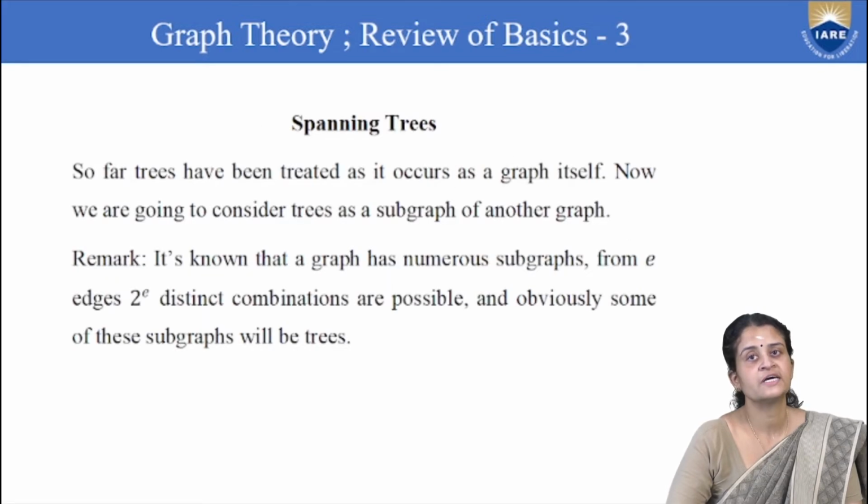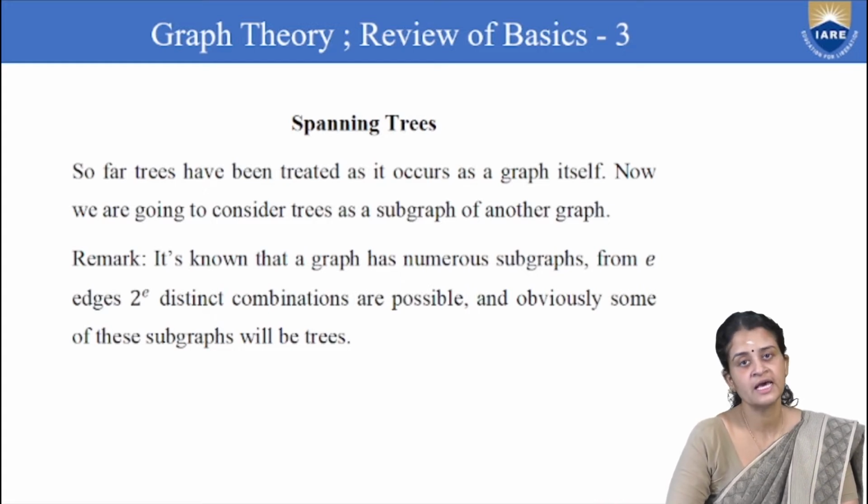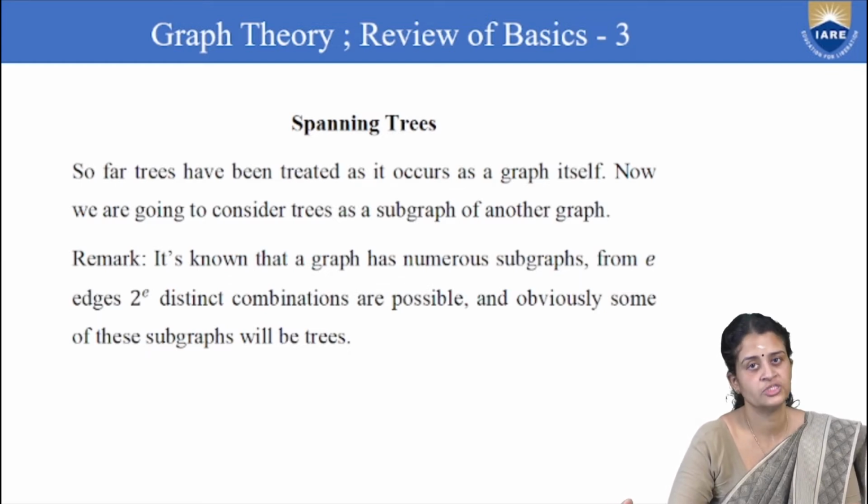Now we will see what is a spanning tree. So far we have discussed trees as a graph occurring on its own. Now we are going to consider a tree as a subgraph of a given graph G. We have already seen what is a subgraph of a graph.